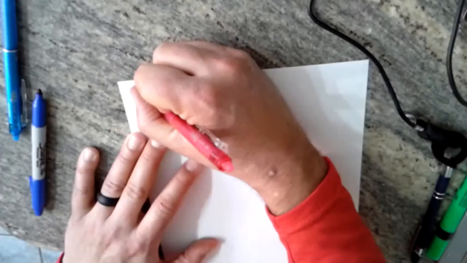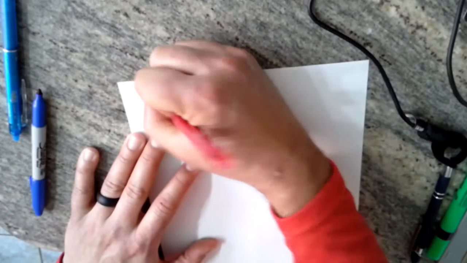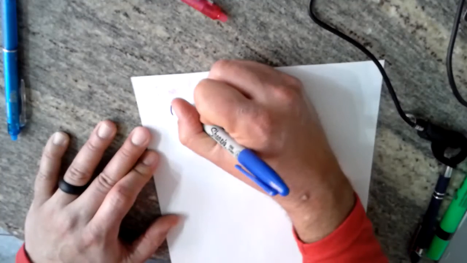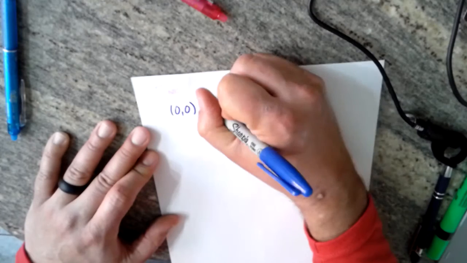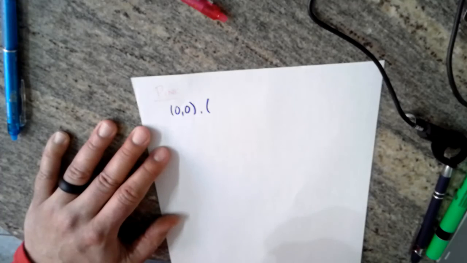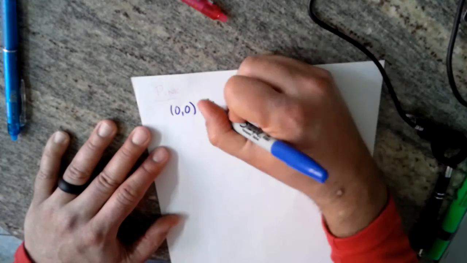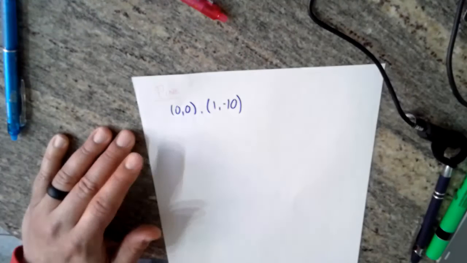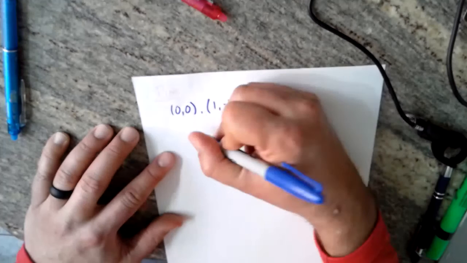The pink line, which again is the one that goes through 0, 0. Well, that slope, that had these points, (0, 0) and (1, negative 10). You're just trying to find the equation of the line that goes through those points. Okay, well, what's m?